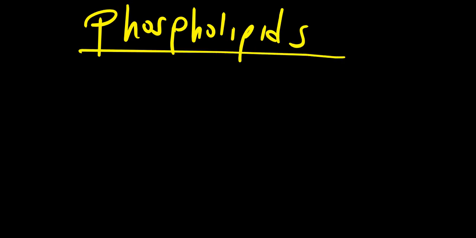Now let's talk about what we call phospholipids. Now a phospholipid is a triacylglycerol in which one of the hydroxyl groups of glycerol is esterified by a phosphoric acid rather than by a fatty acid.